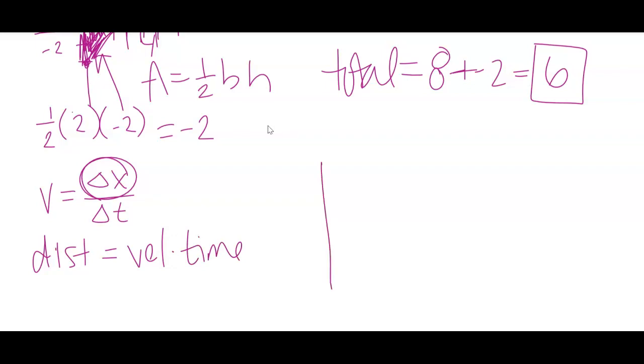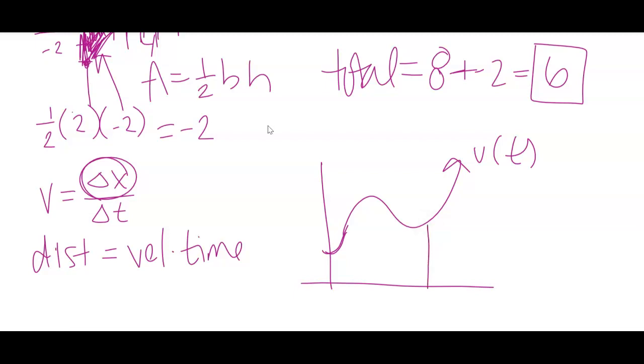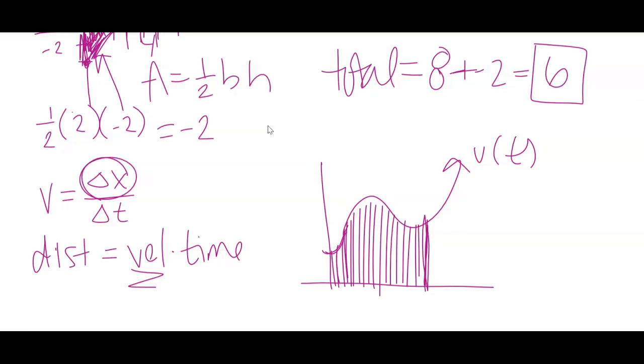Well, then if I have a velocity curve, v of t, and I want to know how far something has traveled over a certain time interval, then I can take each and every velocity output and multiply by the time in which it occurred.